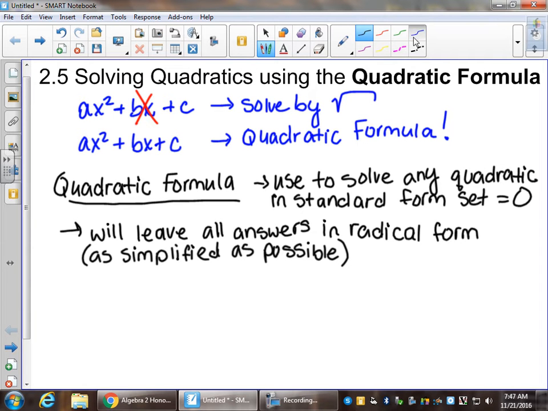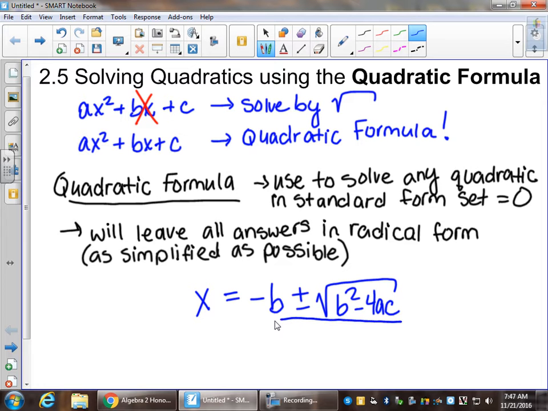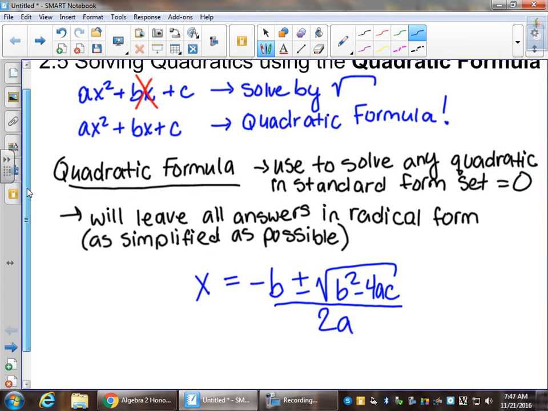So we know from our two amazing videos that our quadratic formula is x equals negative b plus or minus the square root of b squared minus 4ac, all divided by 2a. This formula is what all of today and all of tomorrow will be about.